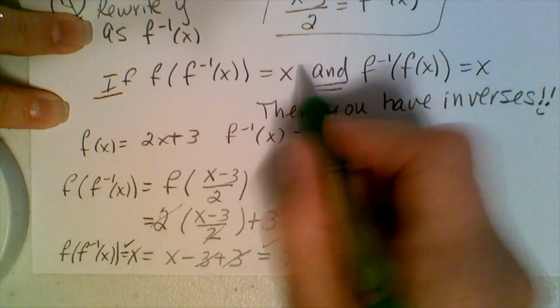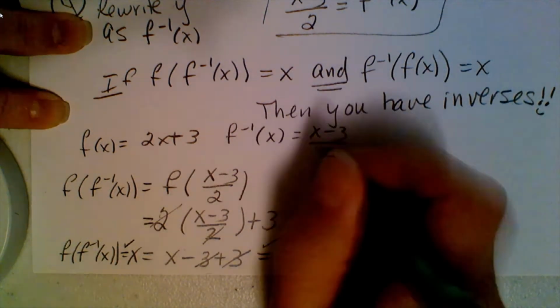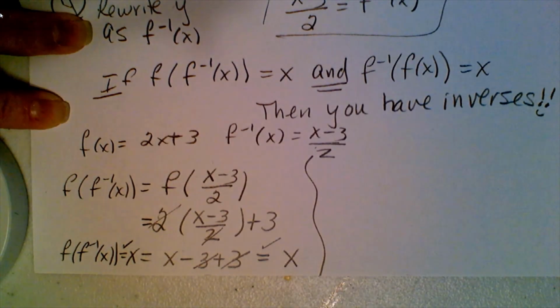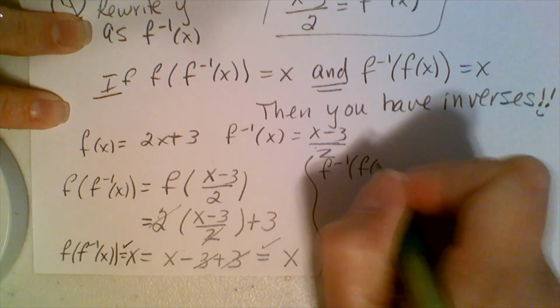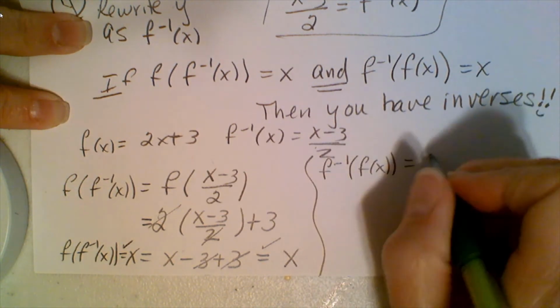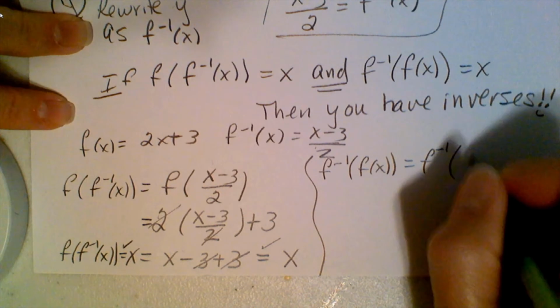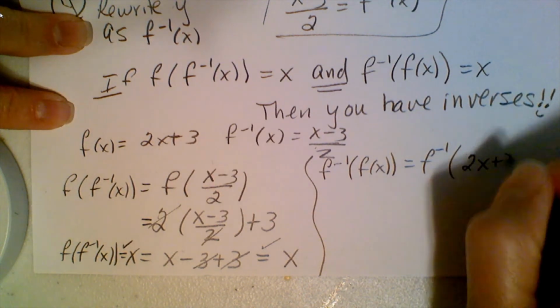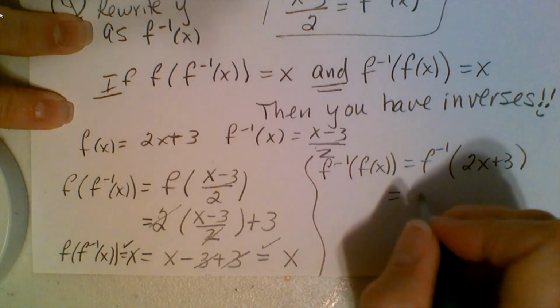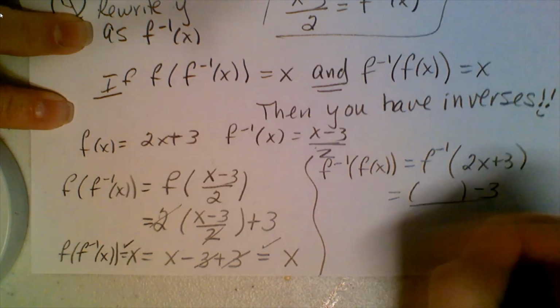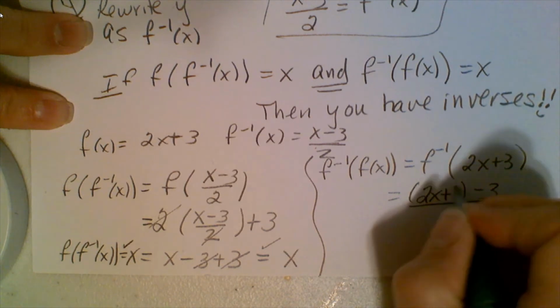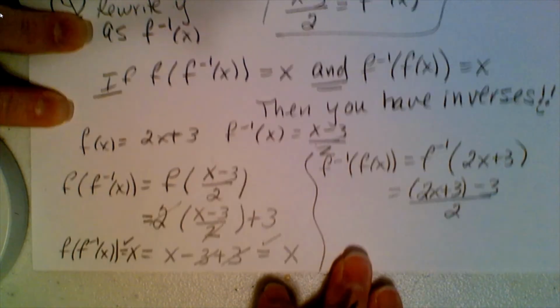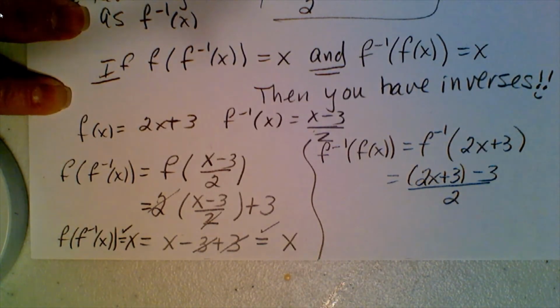But notice the if statement had an and. We have to be able to do it both directions. So we have to do the other composition, the f inverse of f of x. So we plug in f now, which was 2x plus 3, into the equation x minus 3 divided by 2. And again, I don't want to see a bunch of cancel lines. I want to see things in order, because then you may not understand what order they went in, and that can cause a problem.